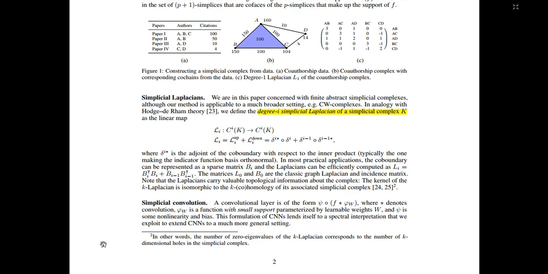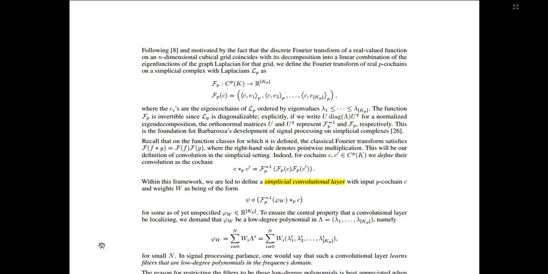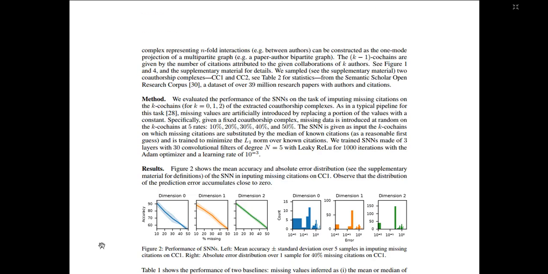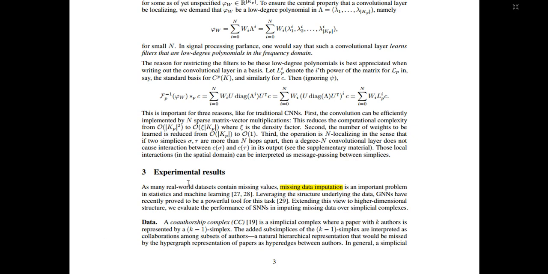We are taking a simplicial neural network and we add structures on that. So we define a simplicial convolution, etc. And again, we are using it for a data imputation task. Like we have missing data in some part of the network and it has to be inferred.